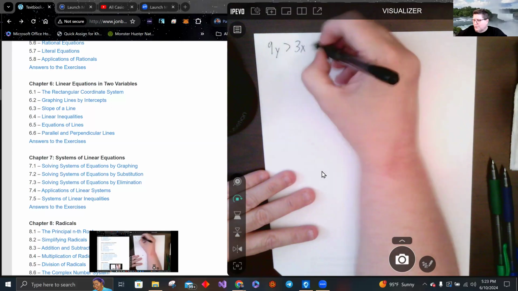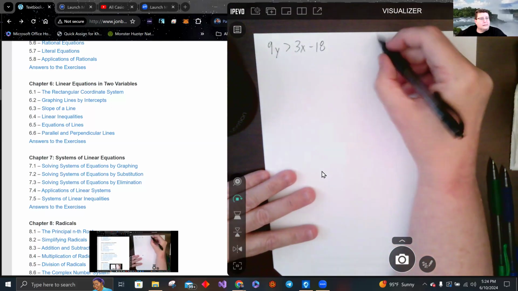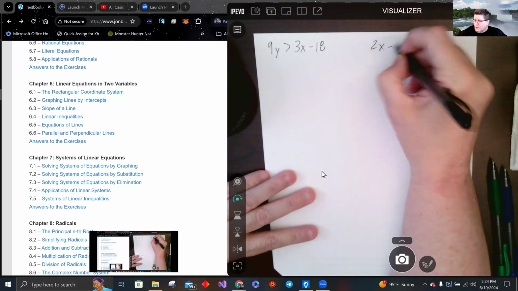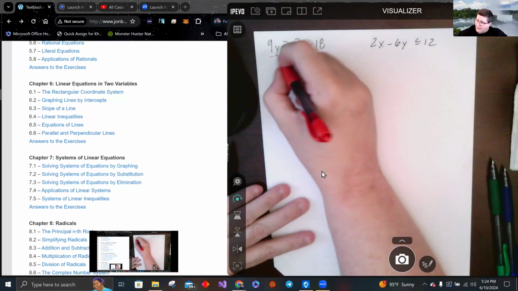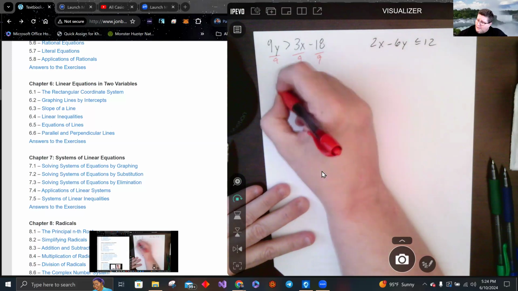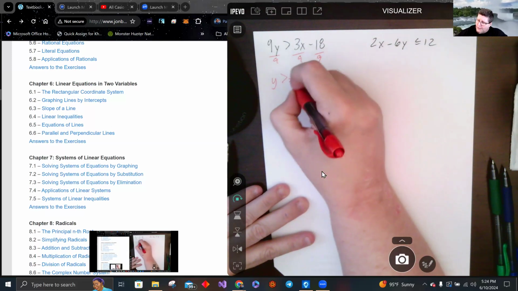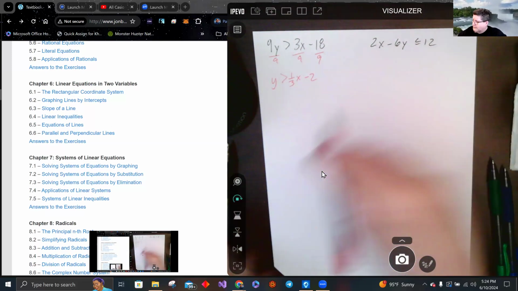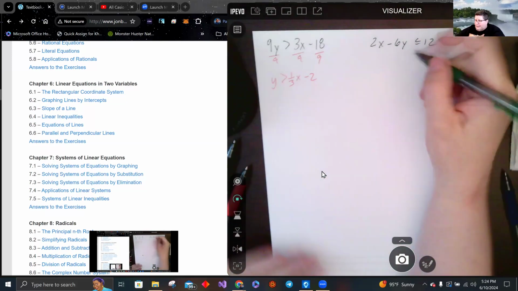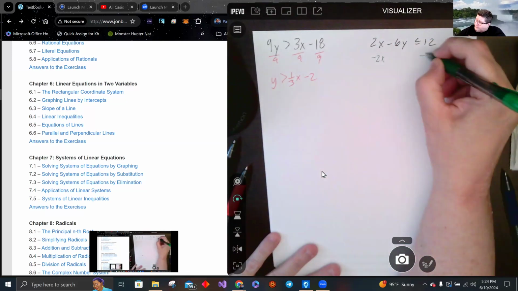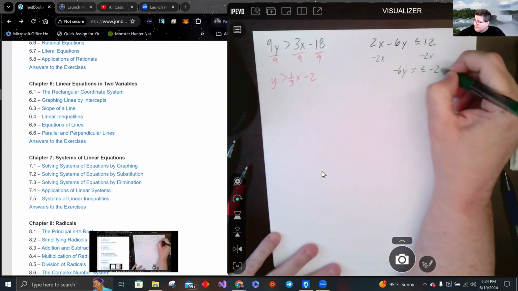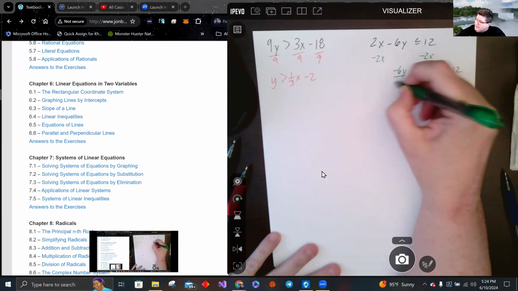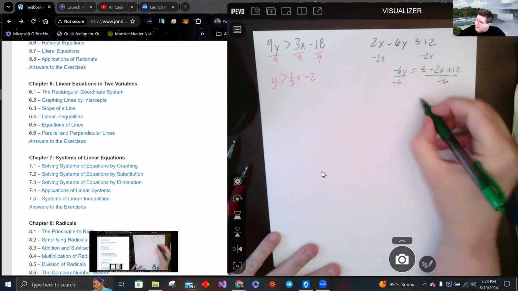Nine y is greater than 3x minus 18. 2x minus 6y is less than or equal to 12. I'll do my red line over here. Y is greater than 1/3 x minus 2. My green line will be over here. -6y is less than or equal to -2x plus 12. Divide by -6.